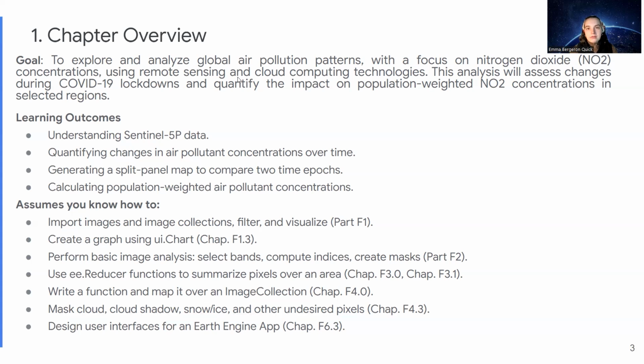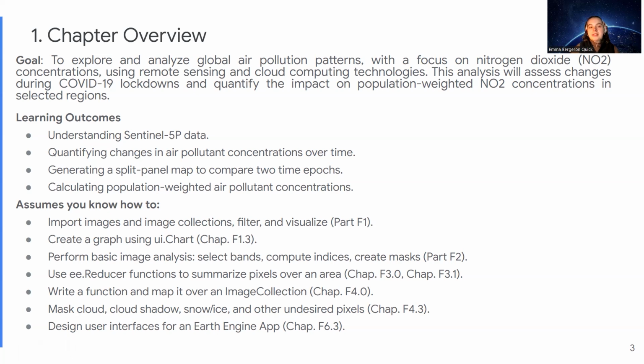We're going to quantify NO2 concentrations for specific administrative units and consider the population density, to try to understand the impact on different communities. Basically, the analysis is assessing the changes in NO2 concentrations during COVID-19 lockdowns, and then quantifying the impacts on population density based on specific administrative units. As we get into it, it'll become more clear.